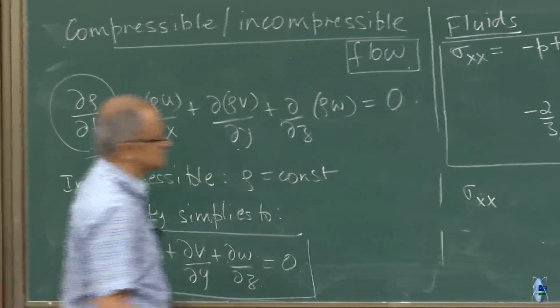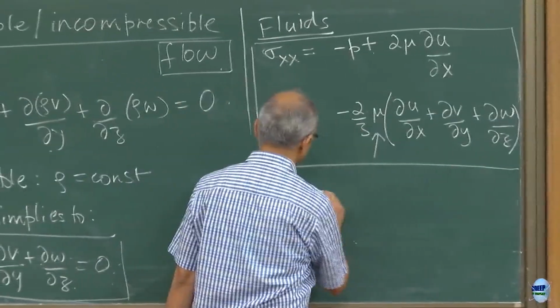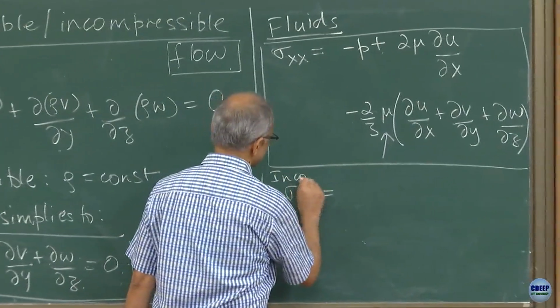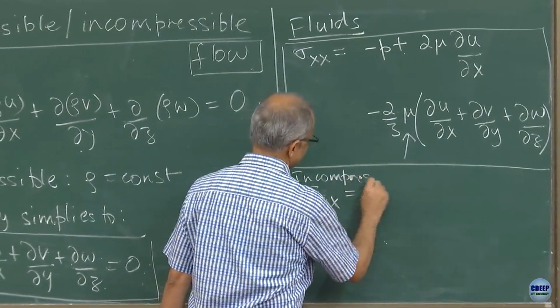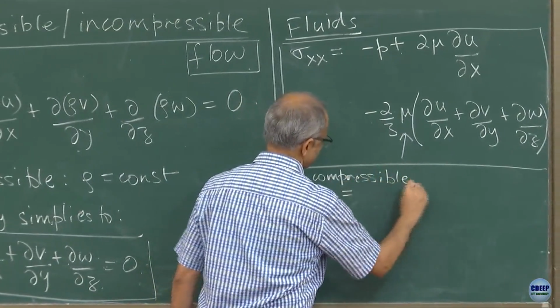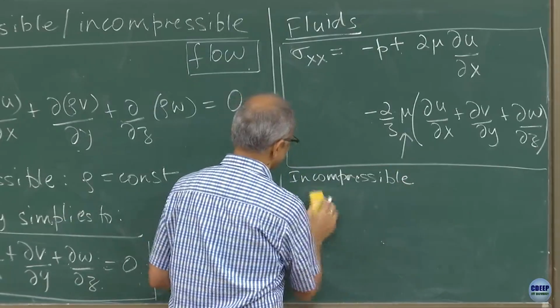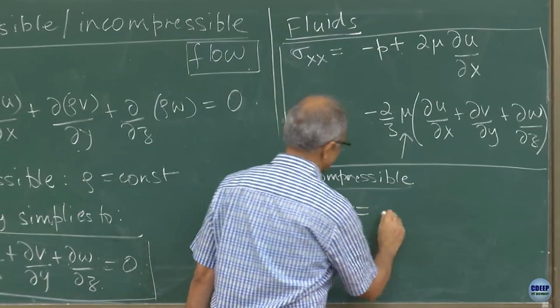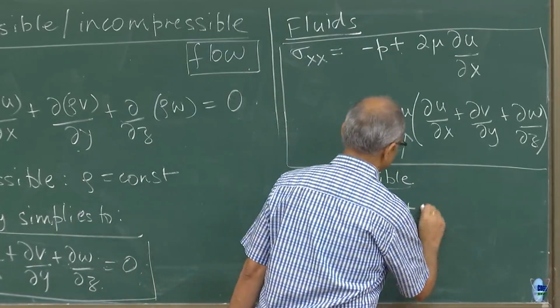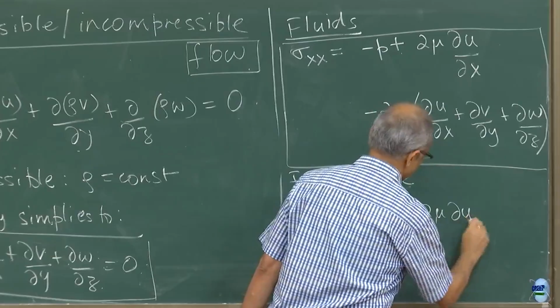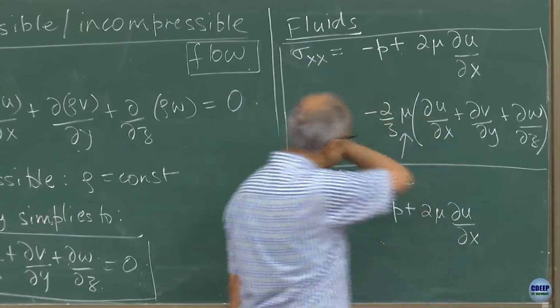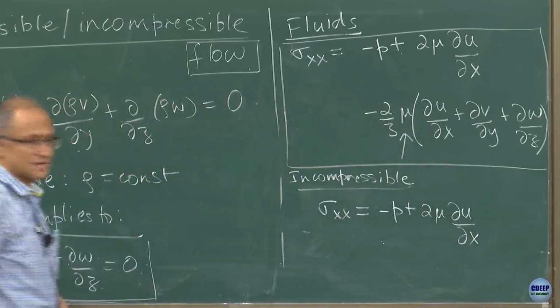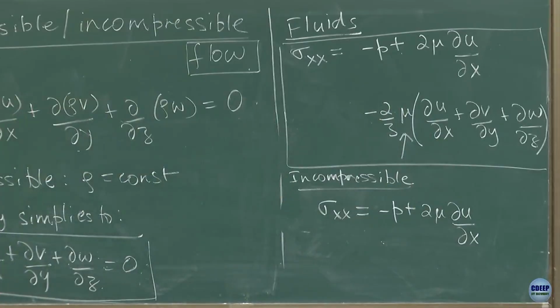If it is incompressible, then this equation reduces to sigma xx equals minus p plus 2 mu dou u/dou x. So it's a much simpler looking expression.